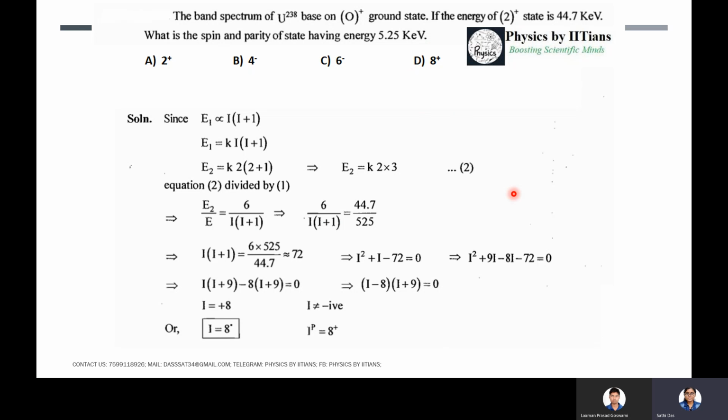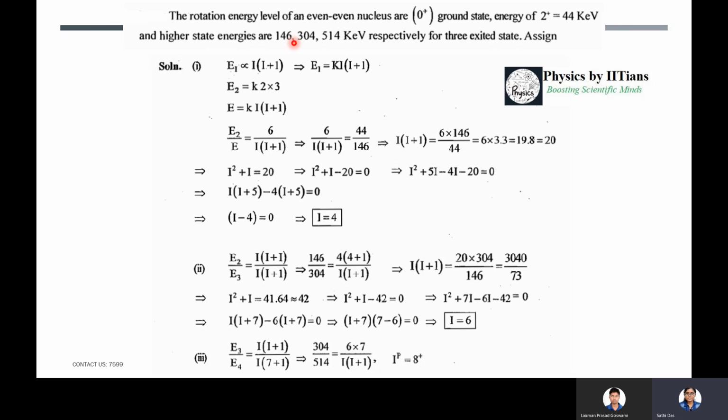Okay, let us take some other examples so that you understand. Suppose we are taking this level. The rotational energy levels of an even nucleus are: 0 plus ground state, energy of 2 plus equals 44 keV, and the higher energies are 146, 304, 514 keV. So for this even nucleus, the ground state is 0 plus, and the energy of 2 plus is 44 keV.